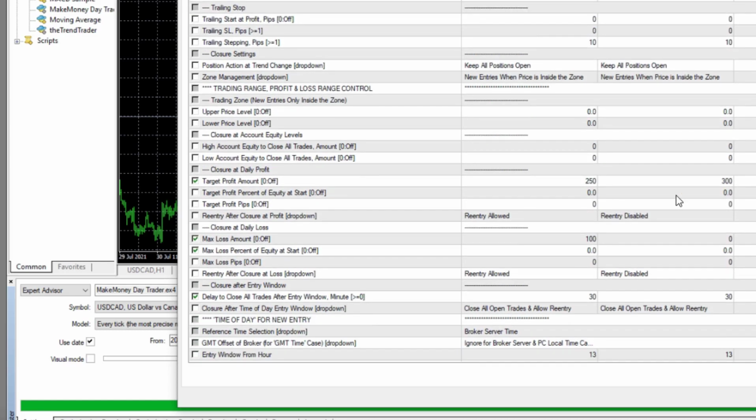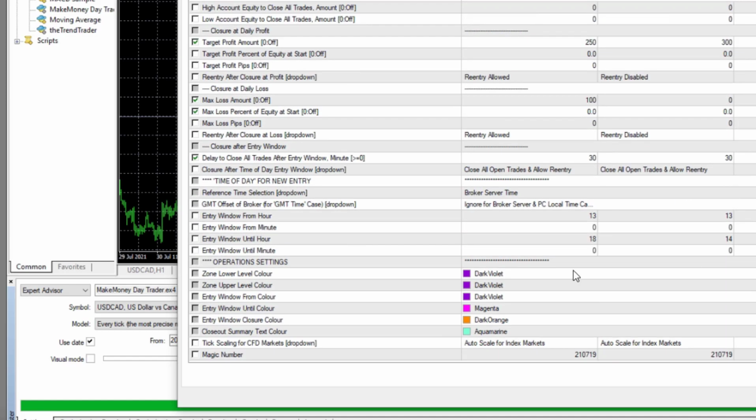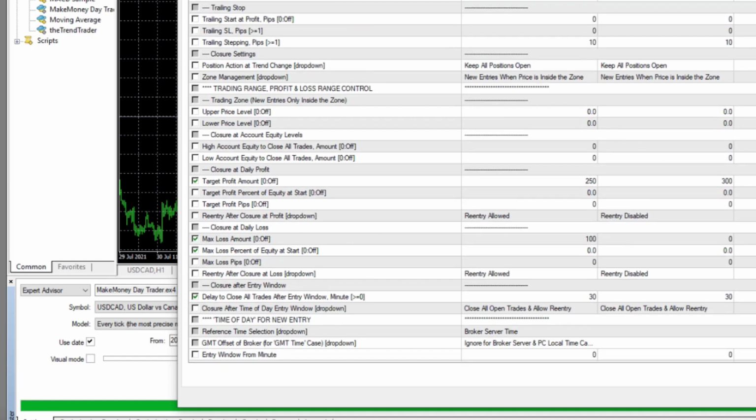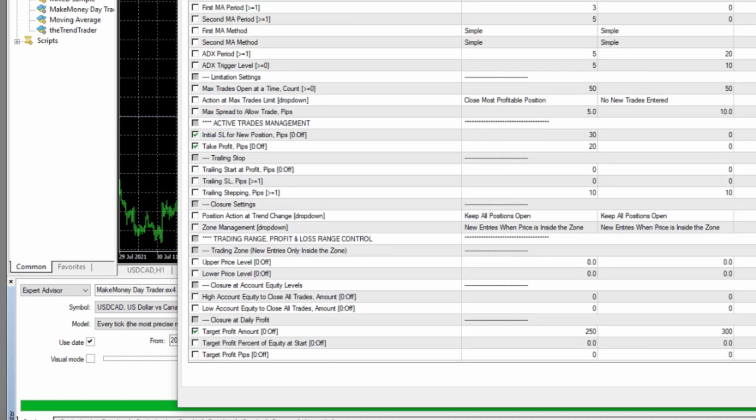The other sensitive area is if your targets are too big or too small, and your stops are too big or too small, or the time of day. Those are the main areas. The other area that could be a problem is this one, but that's very seldom the problem. We'll come back to this one once we've looked at some of the other alternatives.